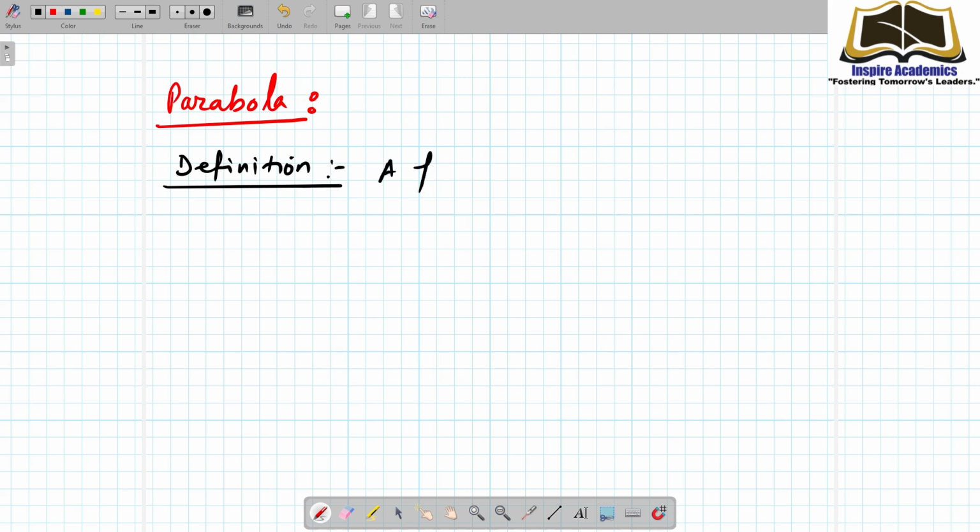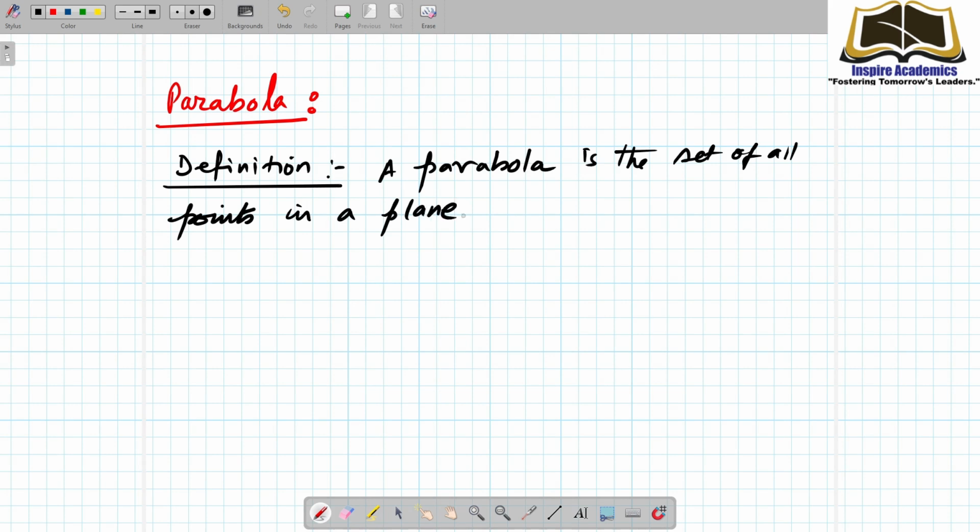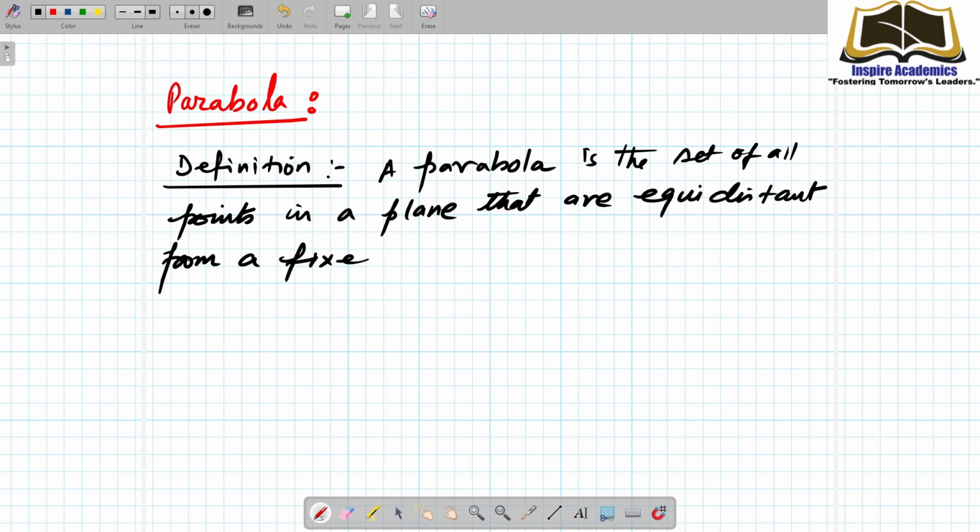A parabola is a set of all points in a plane that are equidistant from a fixed line and a fixed point in the plane.